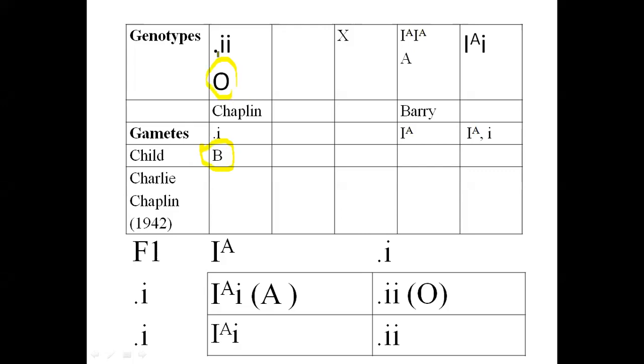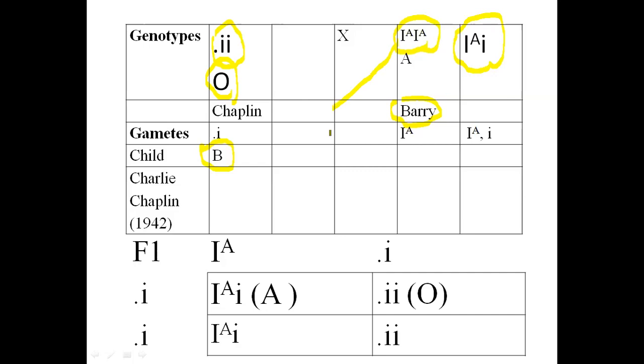When someone has O blood group, the allele is pure recessive, small i and small i, right? Yes, sir. And Berry had A blood group. So for A blood group, one of the possibilities is capital I A, capital I A, pure homozygous.